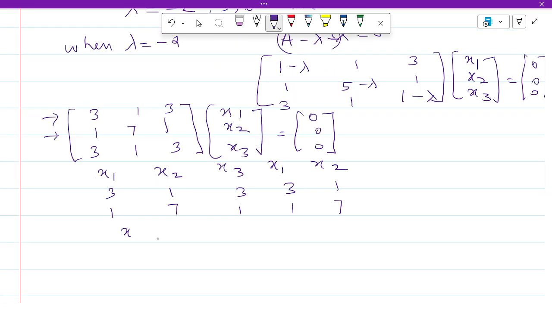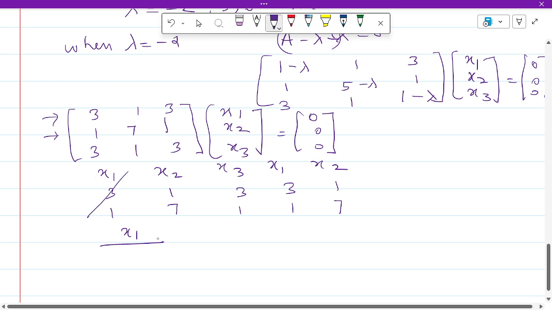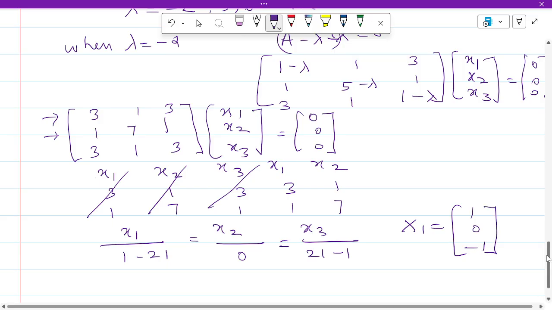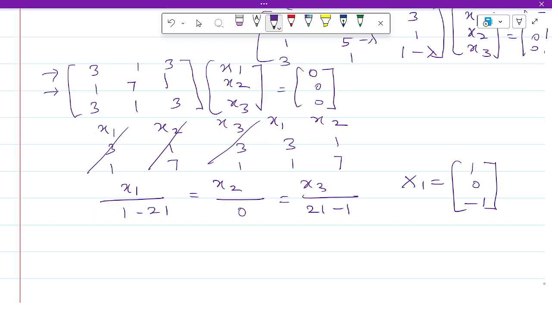So what is x1 here? X1 is, leaving that row, 1 minus 2 1. X2 is 0. X3 is this. So x1 is minus 1, 1, minus 1, or otherwise 1, 0, minus 1, vice versa. Anything you can take.